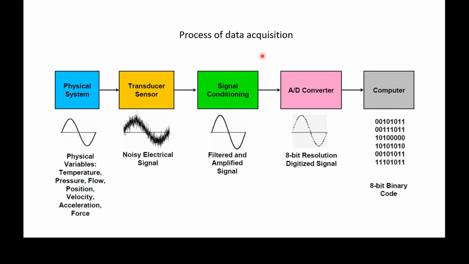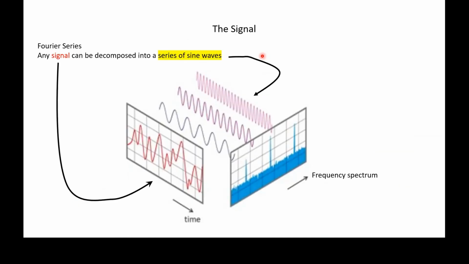But there are various aspects of that we have to be careful about so that we see the truth rather than something that may be not actually related to what we're trying to measure, but due to the system of measurement that we're trying to use.